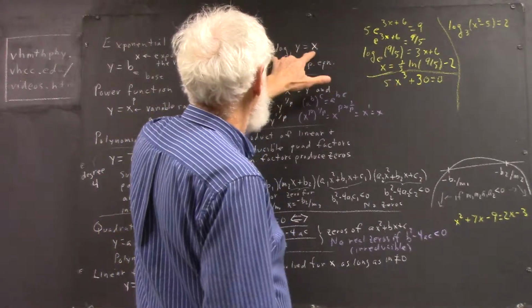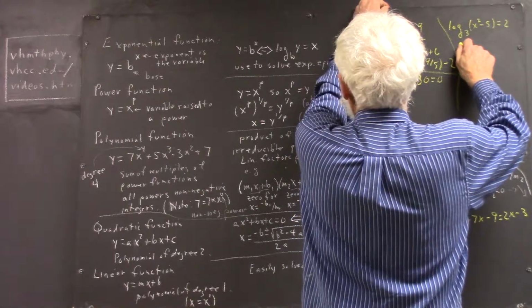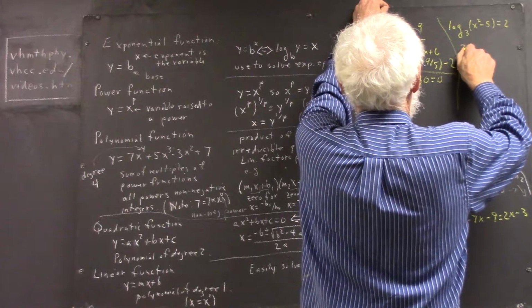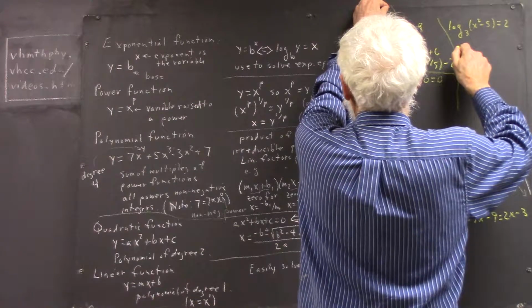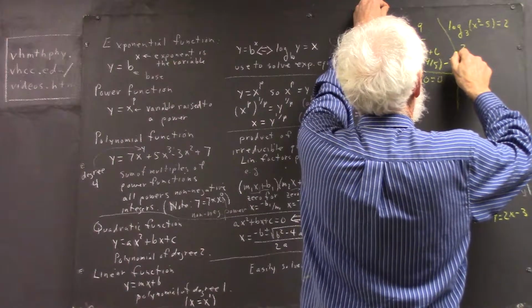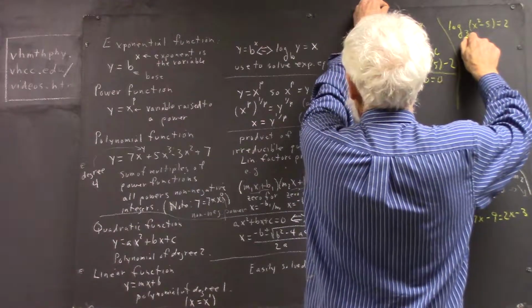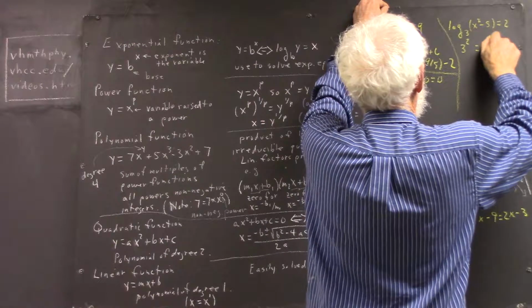So changing from this form to this, we find that 3 raised to the second power equals x squared minus 5.